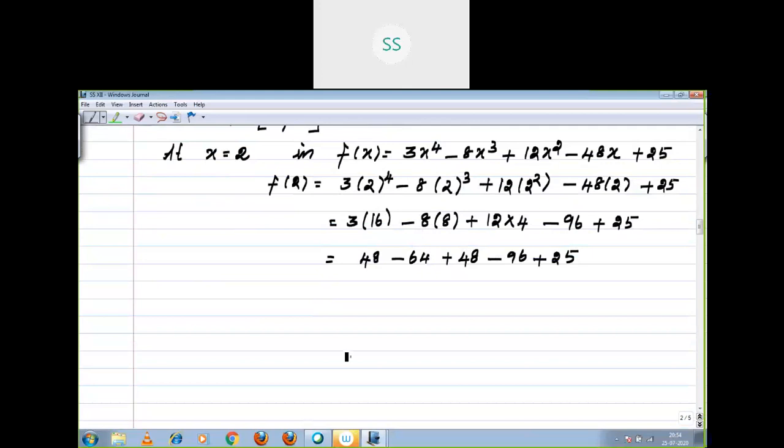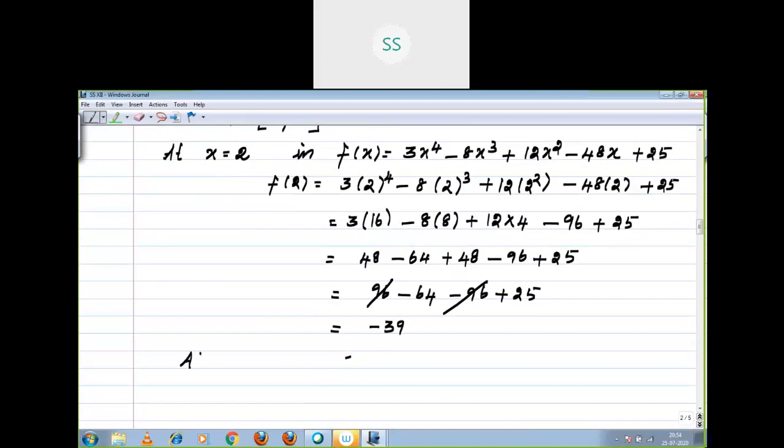Which is equal to 96 minus 64 minus 96 plus 25. Now 96 cancels, which is equal to minus 64 plus 25, minus 39.